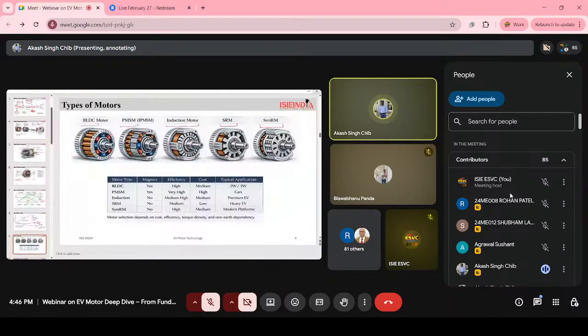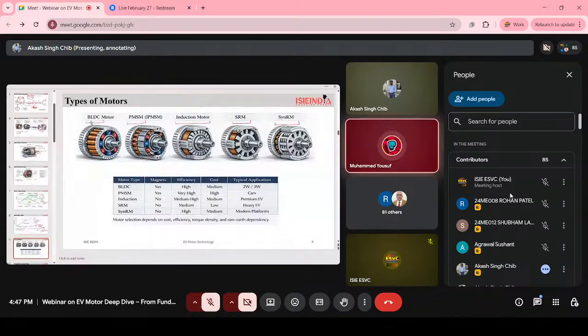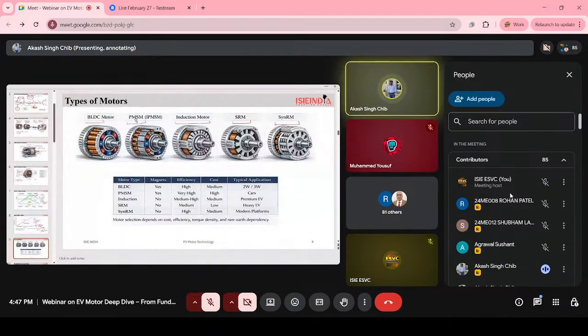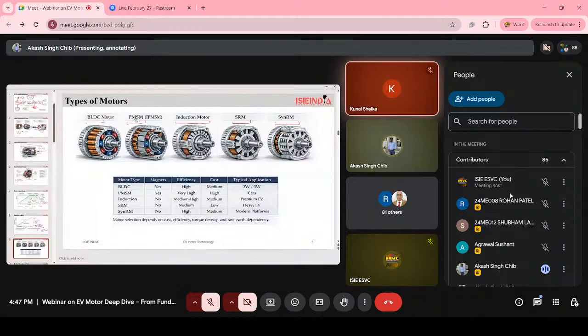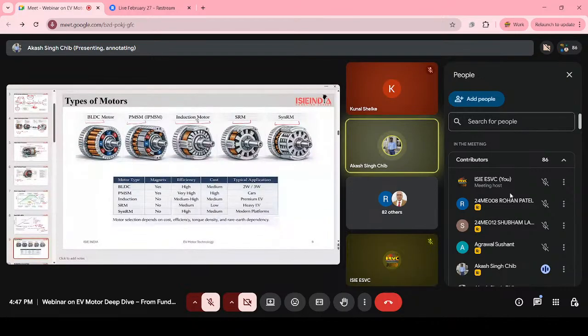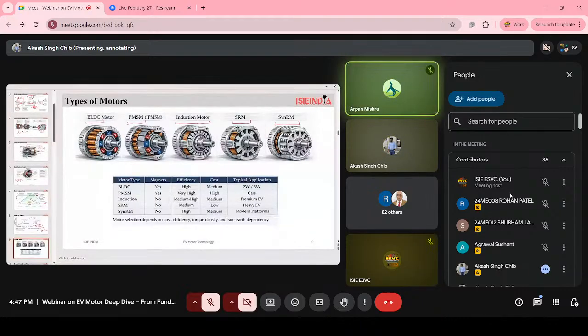Can anyone tell me the full names of these motors? What is the full form of BLDC motor? Brushless DC motor. Correct. And what about PMSM? Permanent magnet synchronous motor. Excellent. And you might have seen the induction motor. And what about SRM? Slip ring motor?